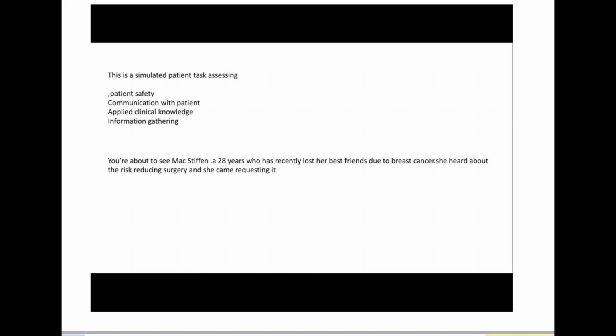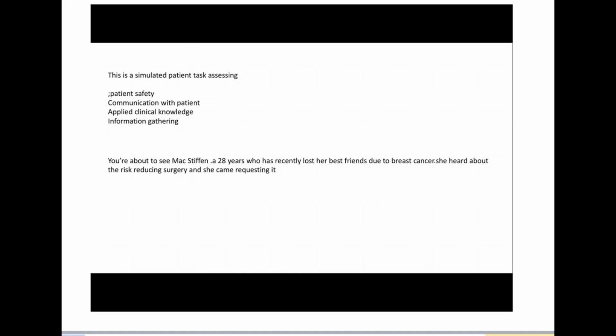Okay, so you can imagine one patient who lost her best friend, what state she will be in. So don't say nice to meet you, don't say anything that shows happiness in your talking, and try to express your condolences to her and apologize for what happened, and ask her how she is coping, and understand that she's in severe distress at the moment.